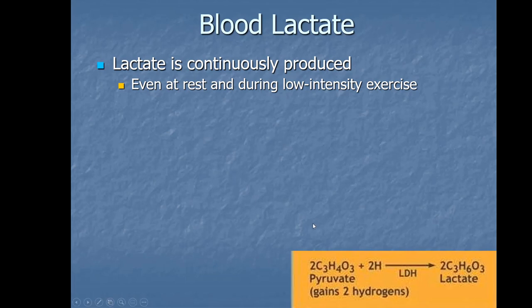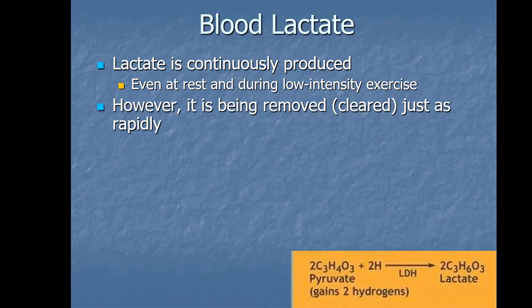So even though we associate lactate with anaerobic metabolism, it's constantly being produced. And so even at rest, if you measure lactate in the blood, it's going to register. So it'll be low, but it'll be present in small amounts. So even at rest and during low intensity exercise, lactate is continuously being produced.